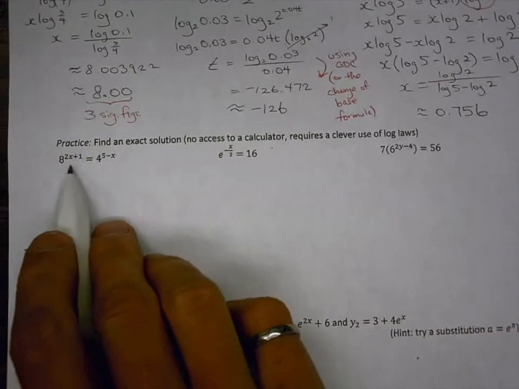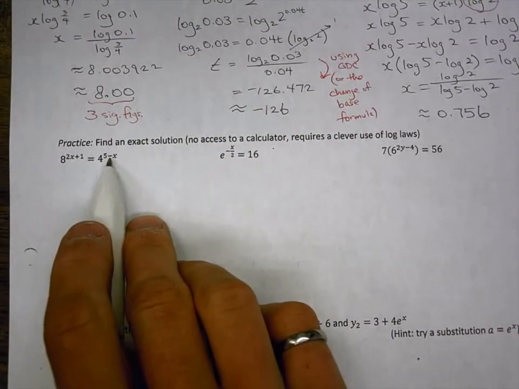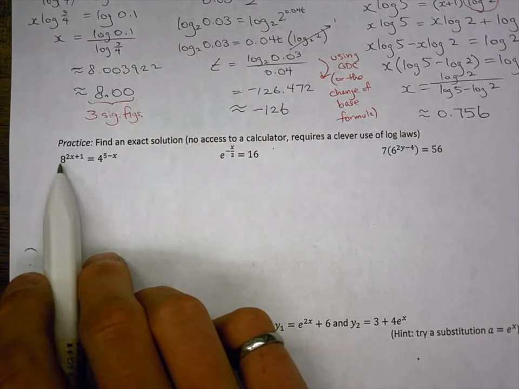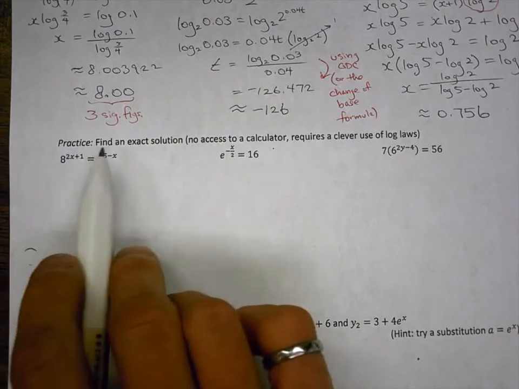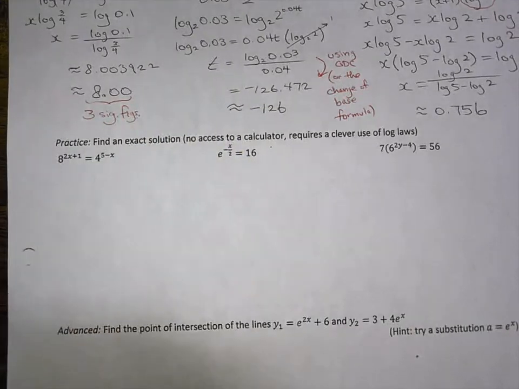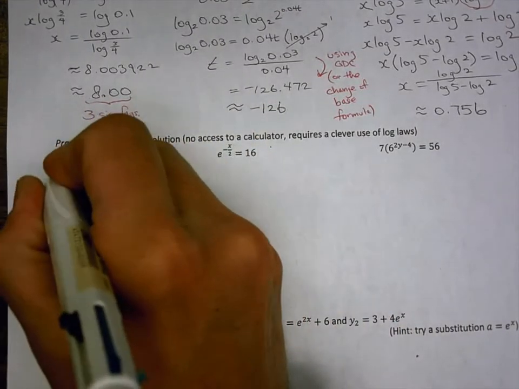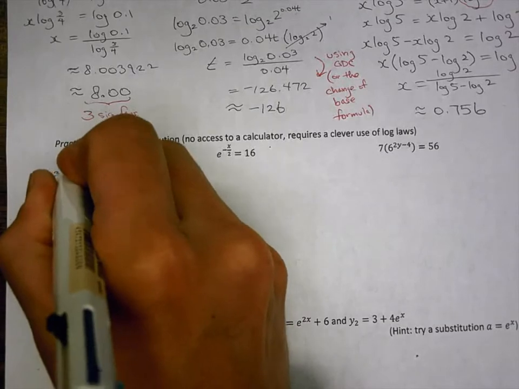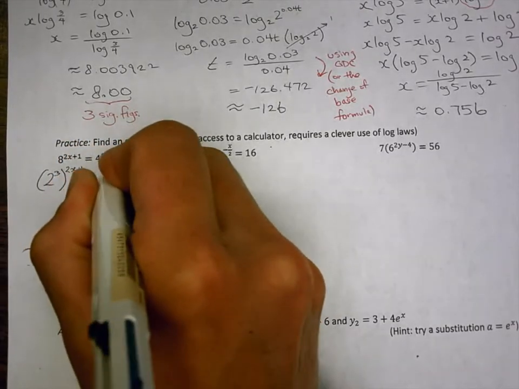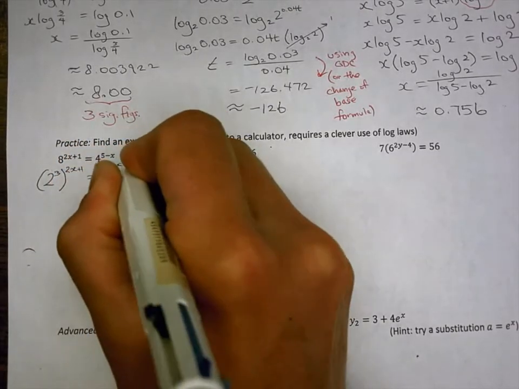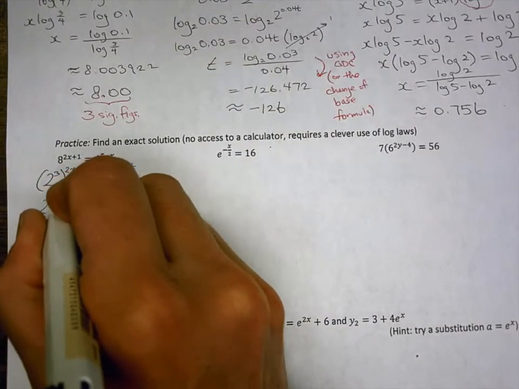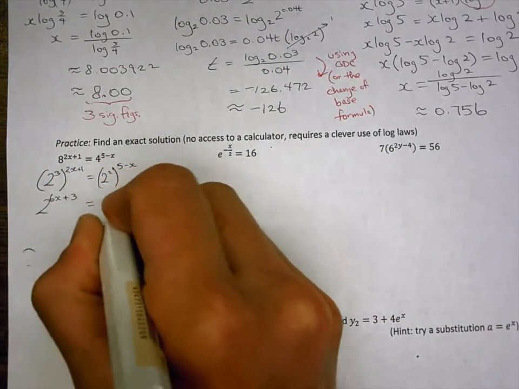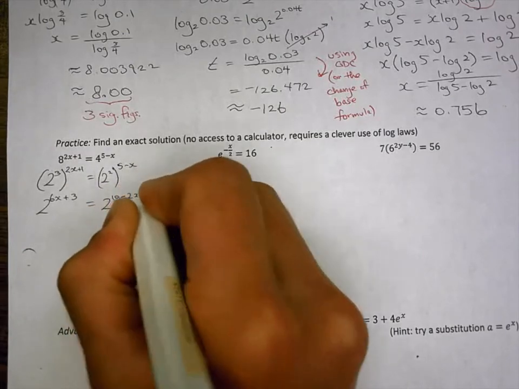To solve this exponential equation, I should be looking for some strategy. Well, I noticed that 8 and 4 are both powers of 2, so I think I can get this to have the same base. 8 I replace with 2 to the power of 3. 4 I replace with 2 to the power of 2. Now I can simplify, so it's going to be 2 to the power of 6x plus 3 is equal to 2 to the power of 10 minus 2x.